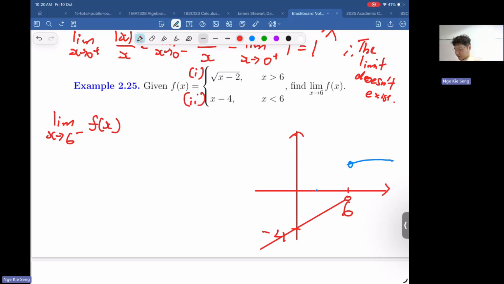Second, because you go from negative. So this is the limit of x to 6 minus of x minus 4. This function is just a polynomial function, so what property can you use? Substitution property. So you just use 6 minus 4, which is 2.